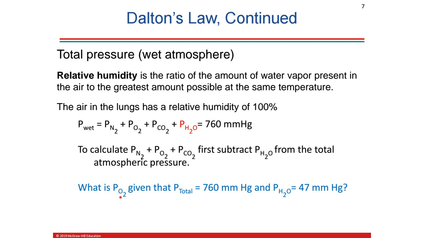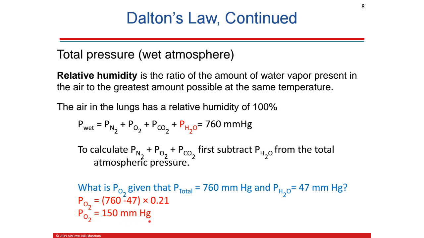So given that the P total, this wet total here, is 760 millimeters of mercury, and the water vapor pressure is 47 millimeters of mercury, to do our calculation, we take the atmospheric pressure, subtract out the pressure due to the water vapor, which is 47, and then multiply this by 0.21 if we're trying to calculate the partial pressure of oxygen.